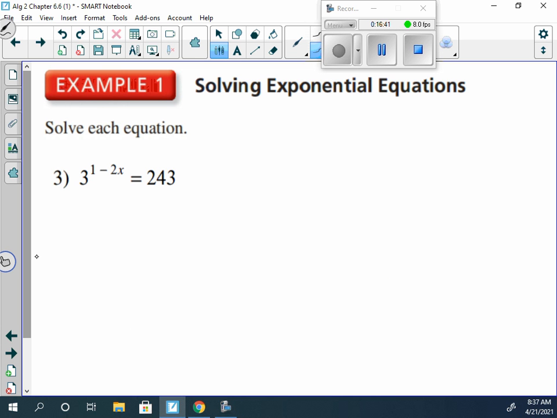All right, we want to solve 3 to the 1 minus 2x is equal to 243. We need to make the bases the same. Now, if we can rewrite 243 as 3 to an exponent, that would be nice.